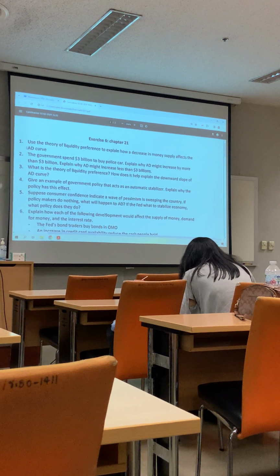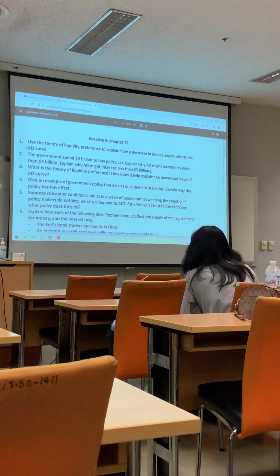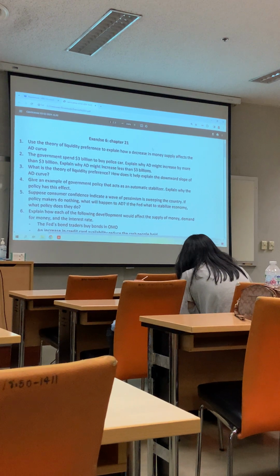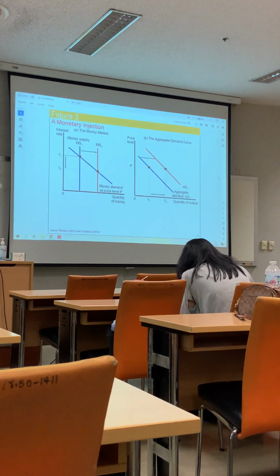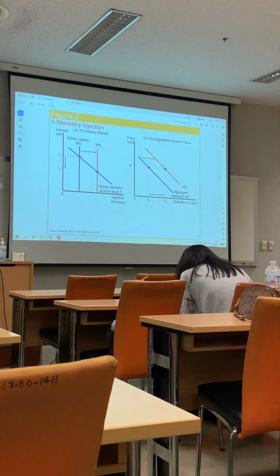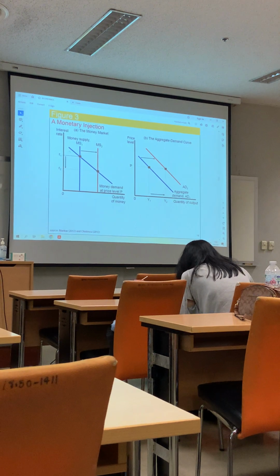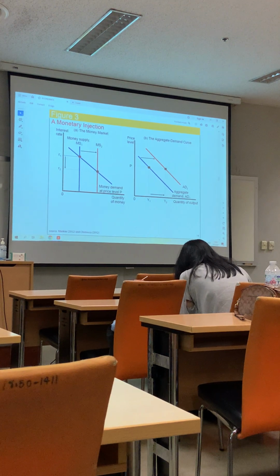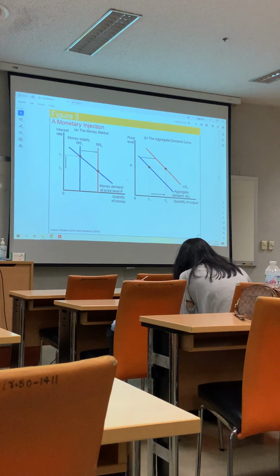So they just say AD curve. When you read the question, you know they are asking about this chapter, AD curve, right? And money supply is central bank policy, which is monetary policy. So you draw this graph, but instead of shifting rightward, you shift leftward because you reduce the money supply. And AD will shift leftward, okay, the opposite direction.